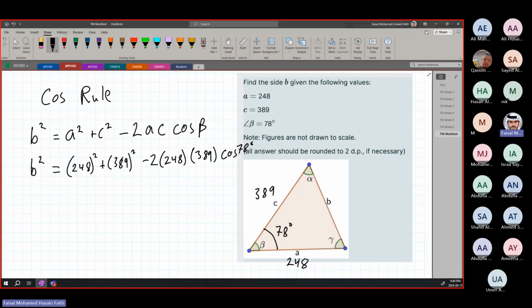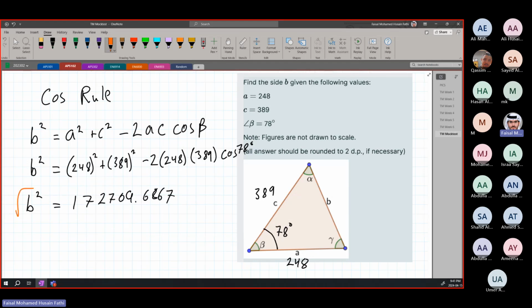You can put all of this into the calculator. So b squared will be equal to 248 squared plus 389 squared minus 2 into 248 into 389 cosine 78 degrees. So I got a large number, 172,709.6867.